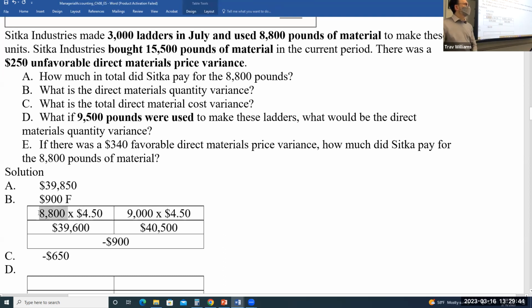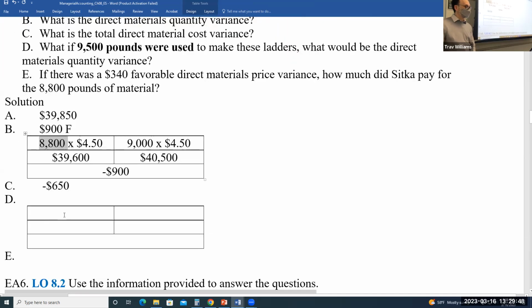But now they're asking us to do this again based on 9,500 pounds. So we'll put 9,500 pounds times the standard rate. And the right side is going to stay the same. The only thing that they changed was the actual quantity. They didn't change any standards.